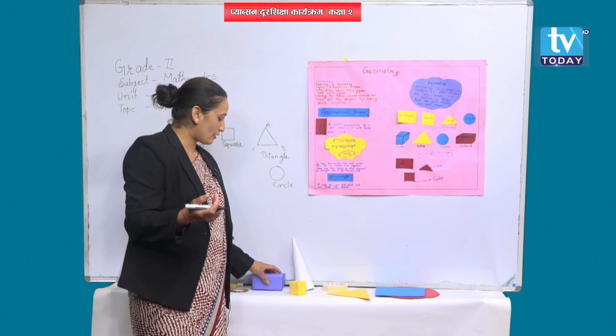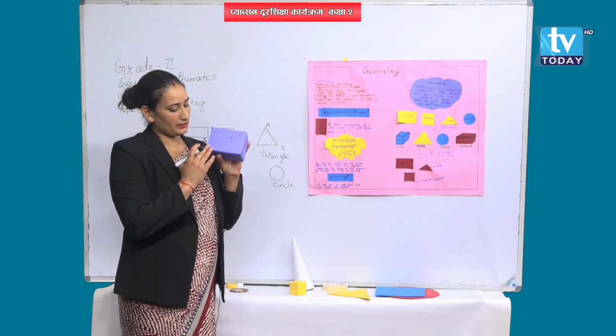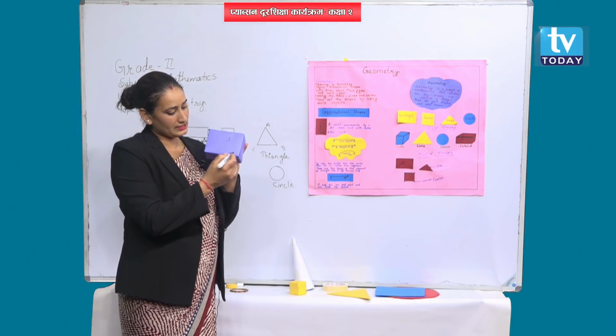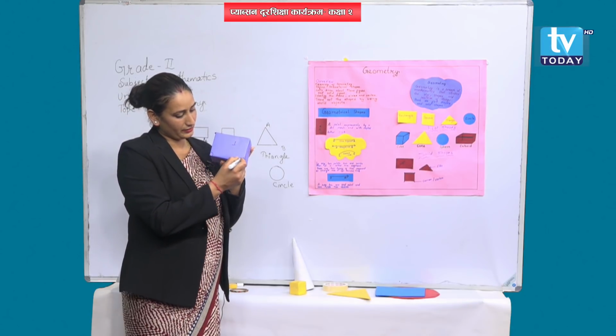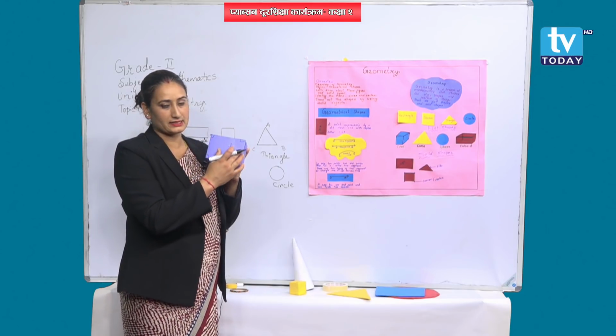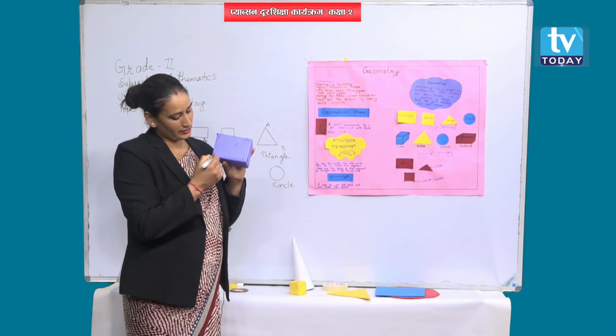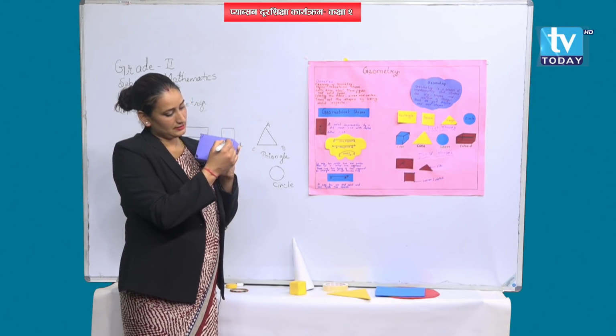Now the last one, I want to show you something. See here, in this rectangle, have you noticed this corner? This corner we call an angle, which I have drawn here in black.